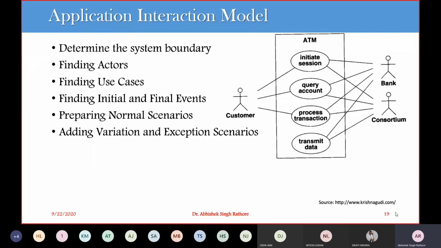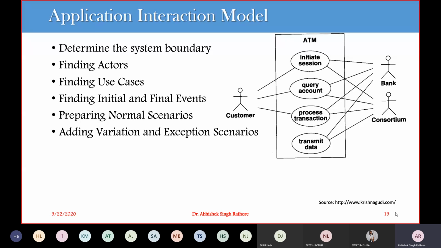So the first thing in our application analysis is that we go for the application interaction model. Our domain models are usually static and their operations are usually unimportant, because these domain models don't do anything, or we can say that these are static in nature.